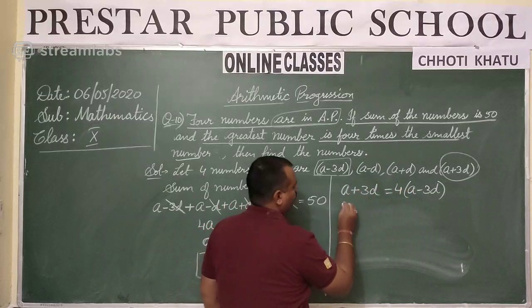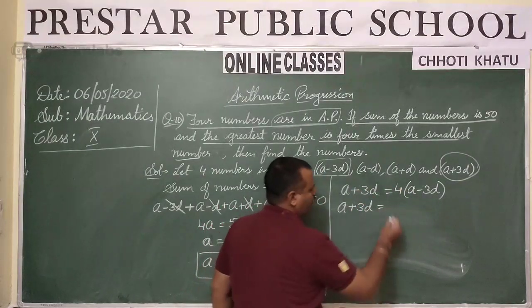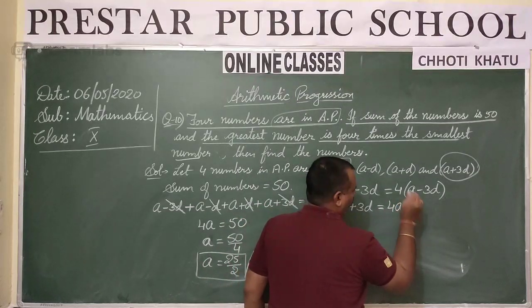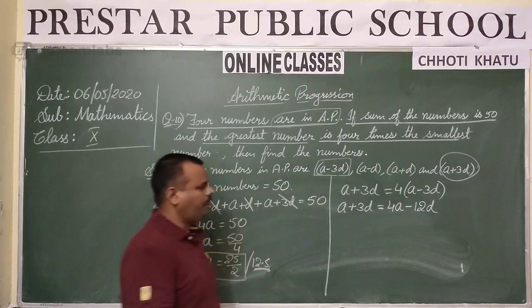Now simplify it. A plus 3D equals 4A minus 12D.